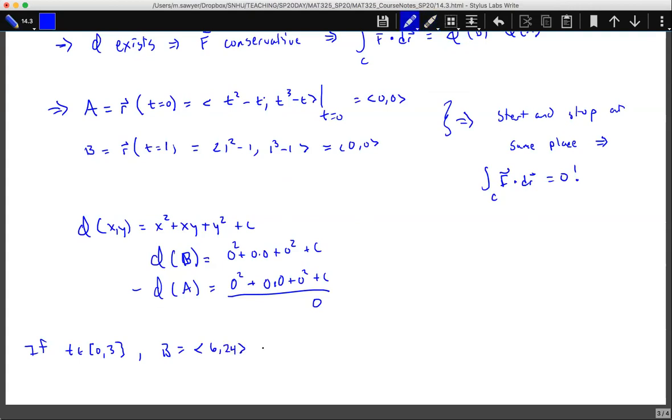So that means that phi of B is equal to 6 squared plus 6 times 24 plus 24 squared plus c. So phi of B minus phi of A is equal to 756. And that is the answer for that integral. So as always, if you have questions, please let me know.